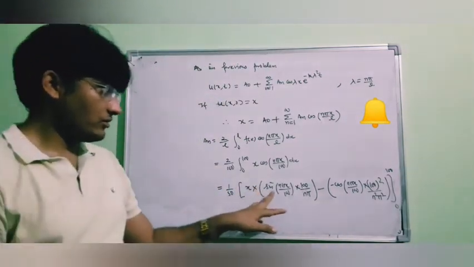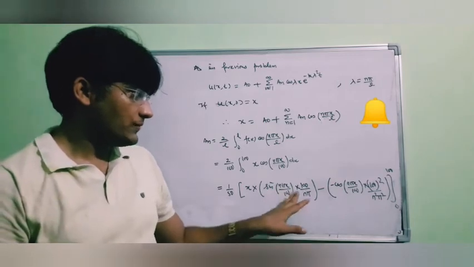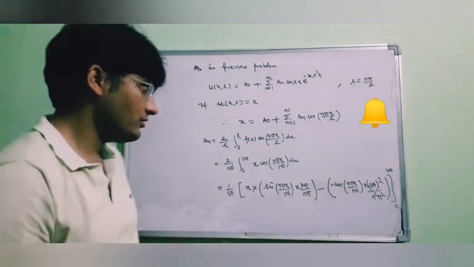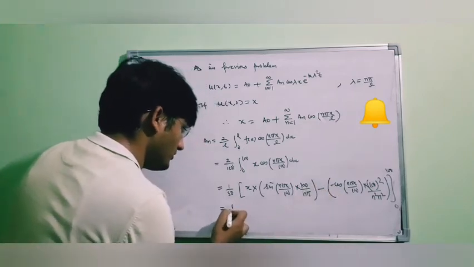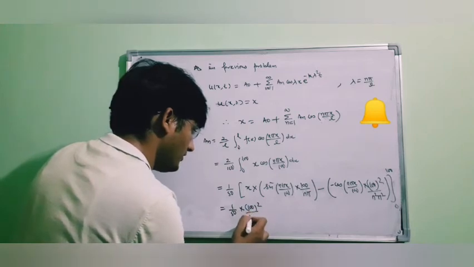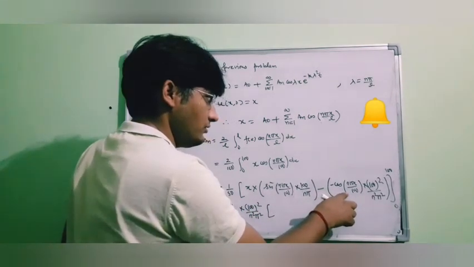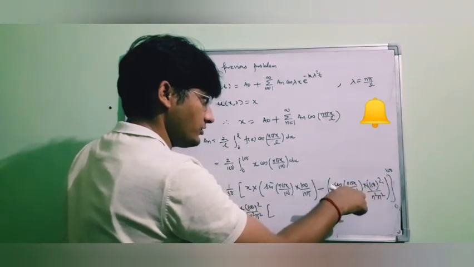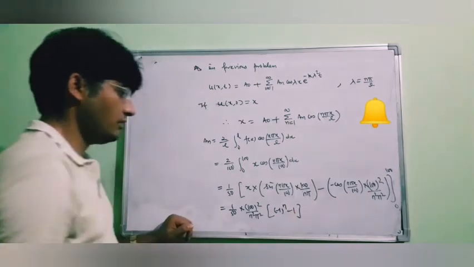Here you can see that the sine term at the upper limit and lower limit both are 0, so this term will be 0, and the cos term will give you the values for both limits. Now this is minus minus plus, so this will be 1 upon 50, 100 square upon n square pi square, and if x is 100, then cos n pi is minus 1 to the power n, minus 1.